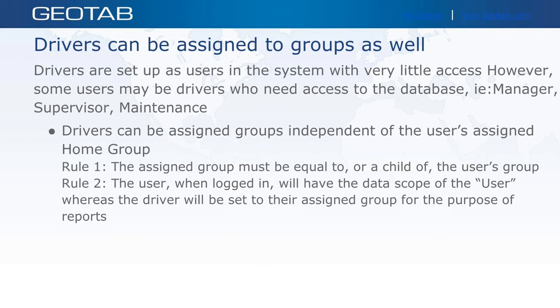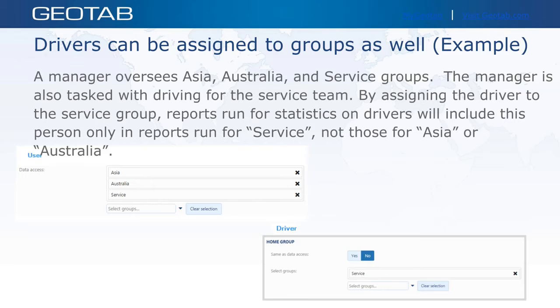I think we have a little bit of an example here because it may not be as clear. It's a little bit difficult to explain this one. So here's a good example. A manager oversees Asia, Australia, and the service groups. The manager is also tasked with driving for the service team. So not only is he a user, but he's also a driver.